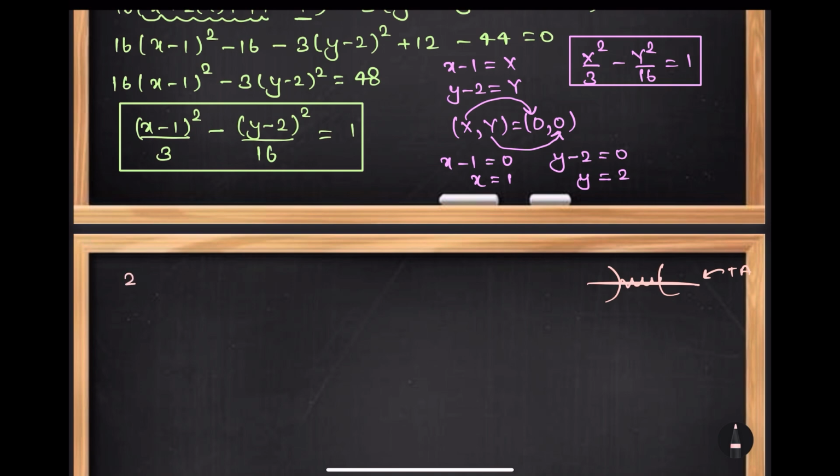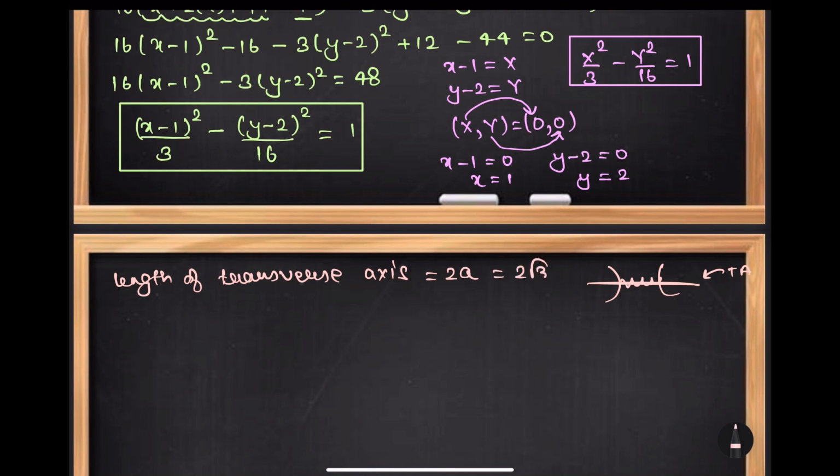It will be 2a, so the length of the transverse axis will be 2 times a. Who is a? This is a square, so a is root 3.